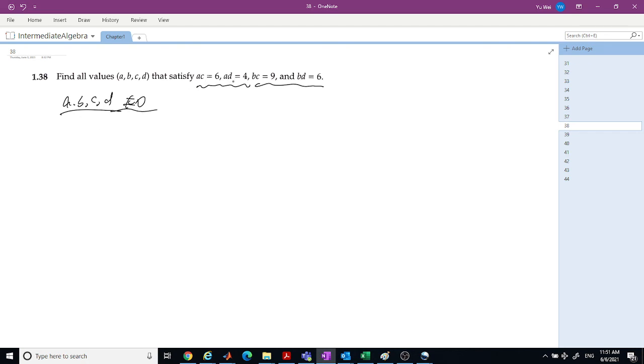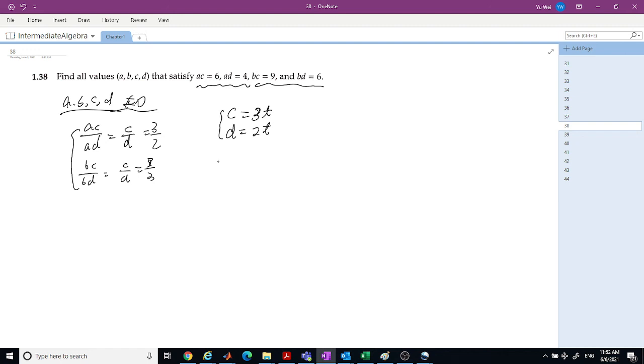So we can do AC over AD is equal to C over D, which is equal to 3 over 2, right? And BC over BD is also equal to C over D, which is 9 over 6, which is 3 over 2. So that means we can parameterize C as 3t, then D equals 2t, right?